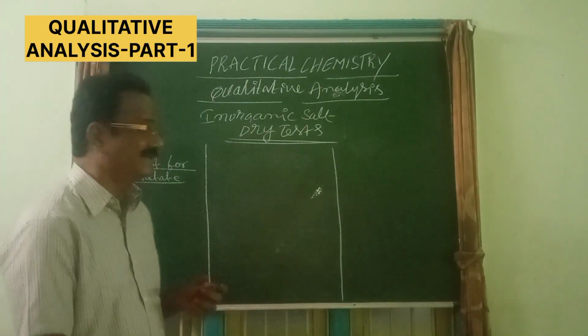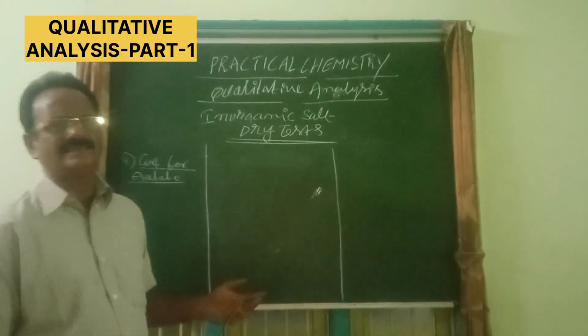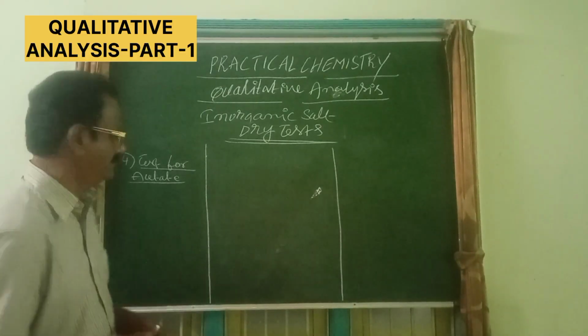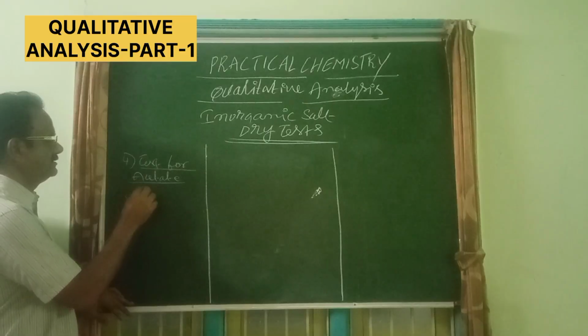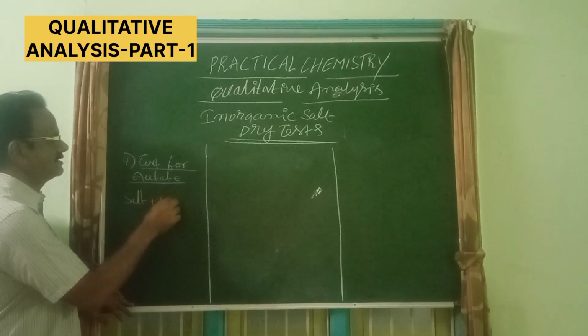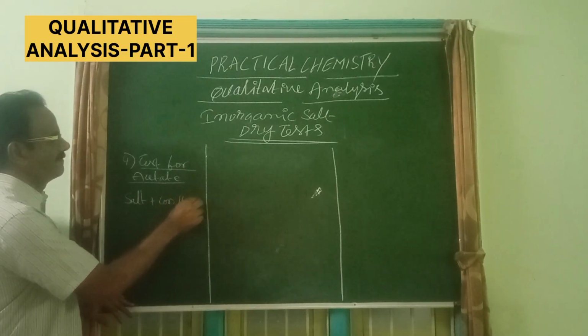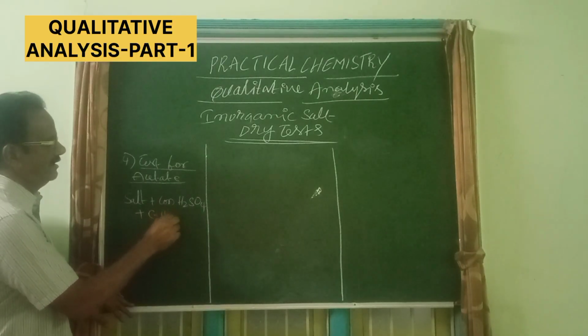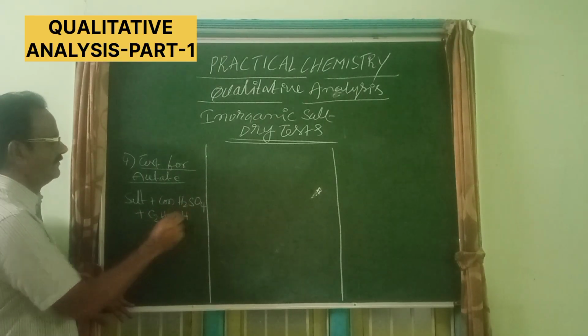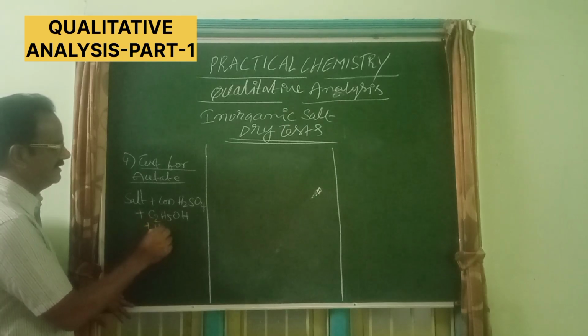Then if there is a vinegar smell, acetate may be there. Let us see. So here what we have to mix: salt plus concentrated H2SO4 plus ethyl alcohol, followed by heating.